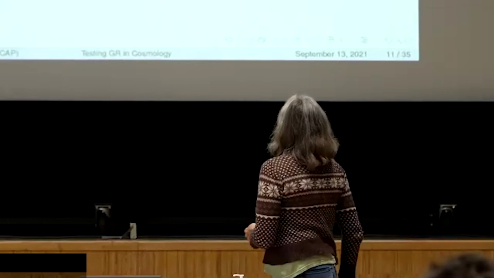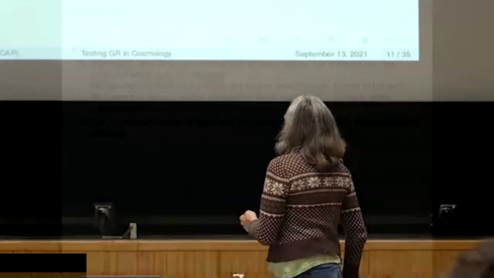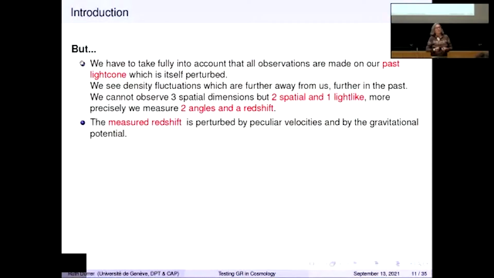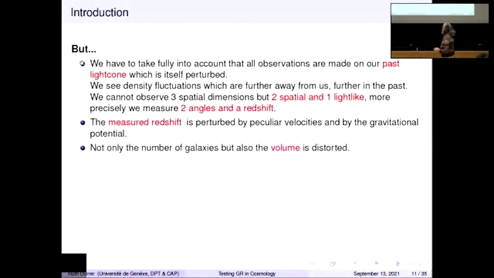And we typically measure in cosmology 3 angles and a redshift. But the measurement of this redshift is perturbed by our peculiar motion, but also by the gravitational potential which is present. Furthermore, not only the number of galaxies in a given patch, but also the volume itself are perturbed.